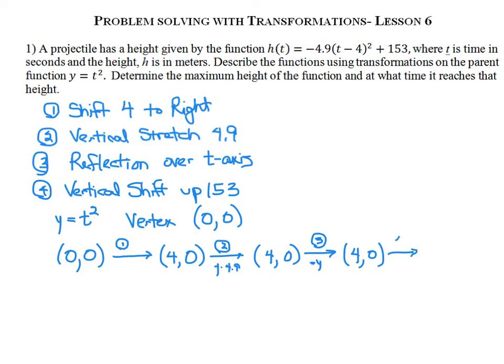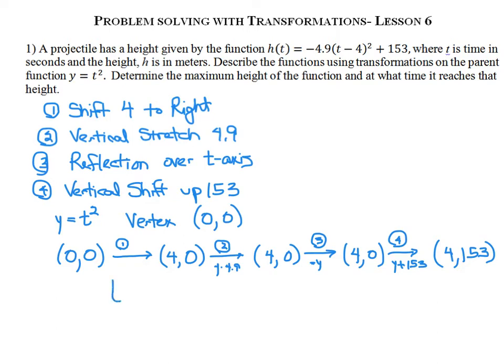Finish off with transformation number 4, which says that we're going to vertically shift up 153. So that's going to take my y coordinate and add on 153. So here's where my vertex changes to the point 4, 153. Now, what does this mean?